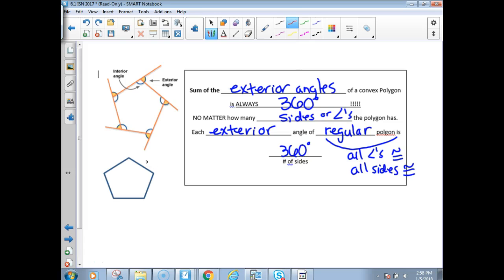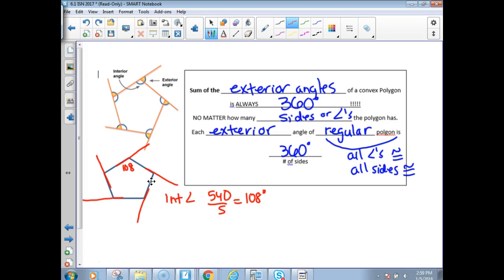So here's the deal. I'm going to go ahead and draw on this one. I'm going to extend these sides. Okay, and I'll let you know that, hey, remember that number of sides was 5. 5 minus 2 was 3. 3 times 180 was 540. So each interior angle is 540 divided by 5, which is 108 degrees.